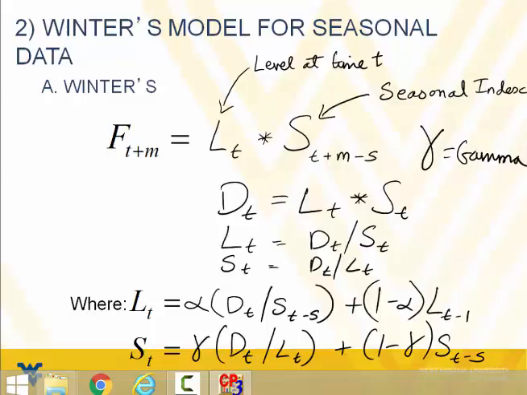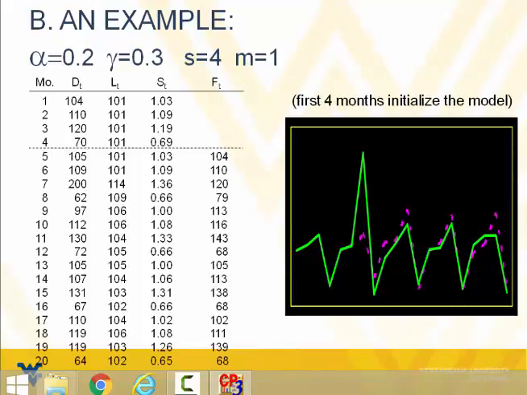All right? So, let's do a quick example. But before we do an example, I want to point out a couple of things over here. So, obviously, I need to understand how to initialize my level and my seasonal index. And I said it's going to be very similar to those three functions I gave you, which is what the theoretical level and seasonal index should be.